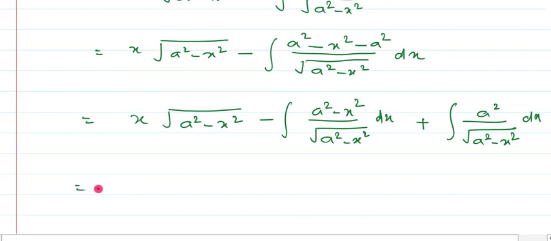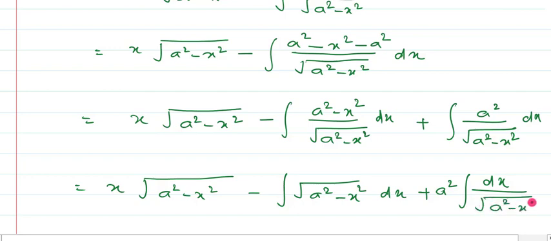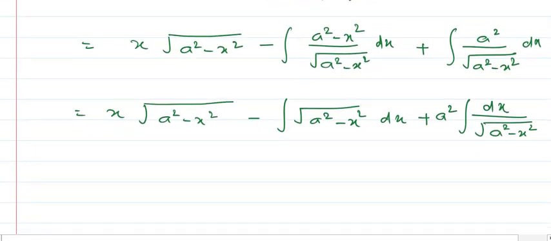On simplifying this term, we get x into square root of a square minus x square minus integration of square root of a square minus x square dx, plus, taking a square outside, we are left with dx upon square root of a square minus x square. Now this is nothing but simply I from where we started.